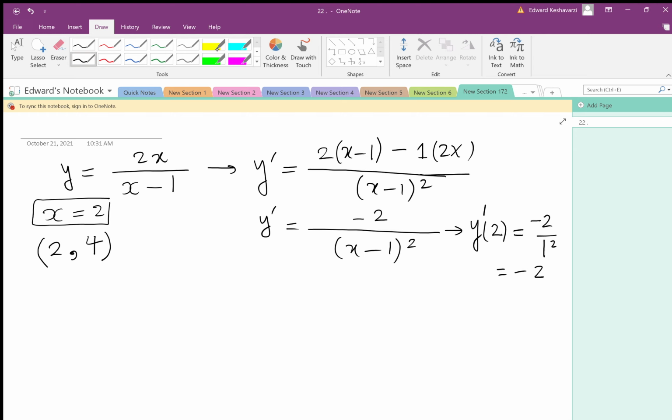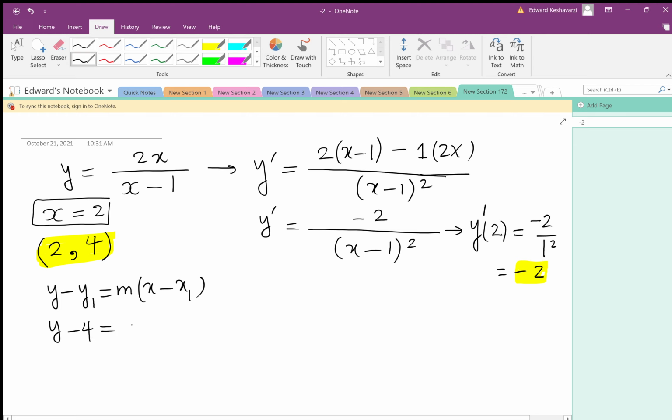So negative 2 is the slope of tangent line. By having the point and the slope, we easily write the equation of tangent line here. So y minus 4 equals negative 2 times x minus 2.